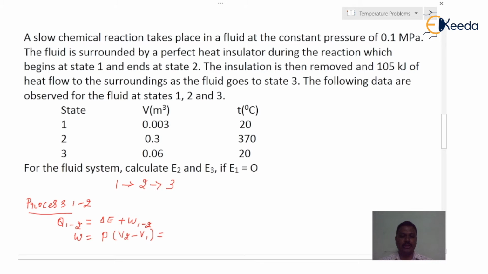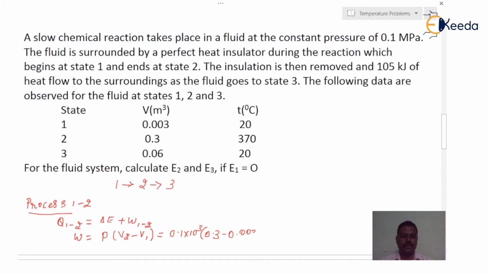Here the pressure is 0.1 megapascals. Let us convert this into kilopascals so that we will have the final answer in kilojoules. So 0.1 megapascals is 0.1 into 10 power 3, into V2, 0.3 meter cube, minus V1, 0.003 meter cube.